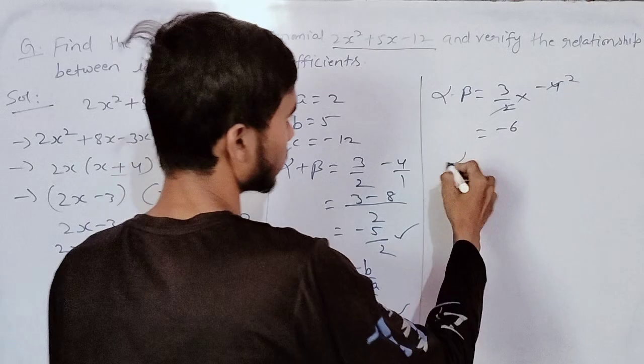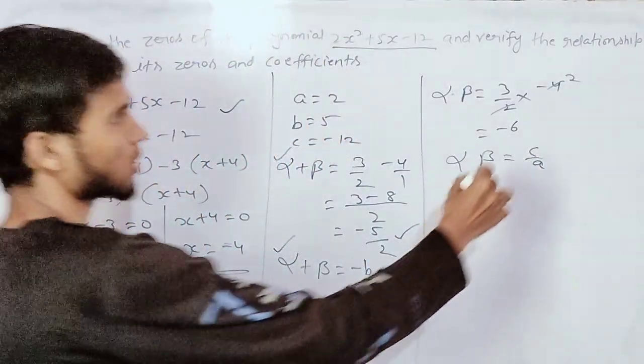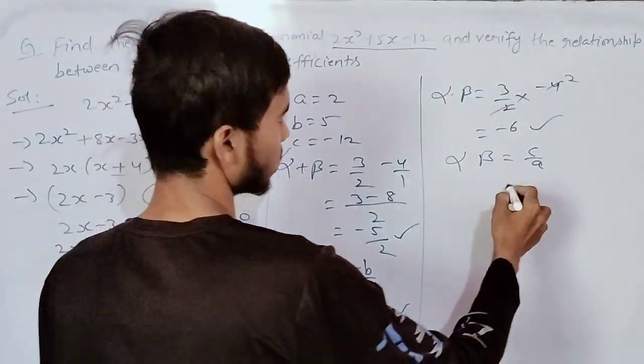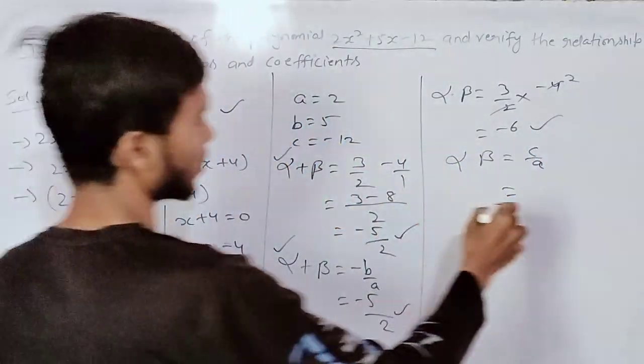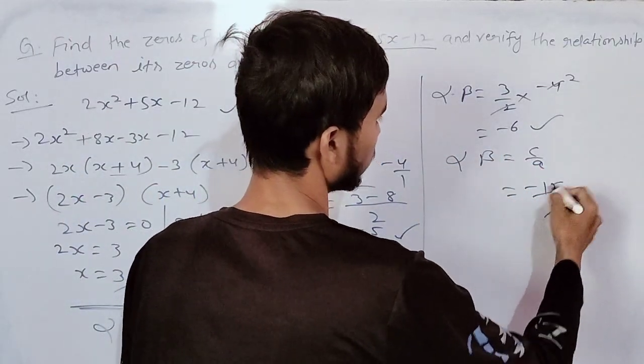You can use this, which is c upon a. c is minus 12 and a is 2, and 2 sixes are 12.